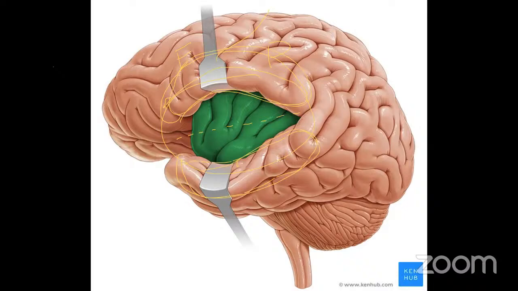These two cortices, the opercular components: the top part is called the frontal operculum and parietal operculum, and the lower part is called the temporal operculum. They are highly structurally and functionally relevant.